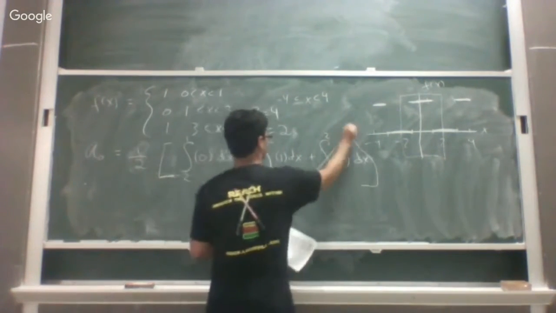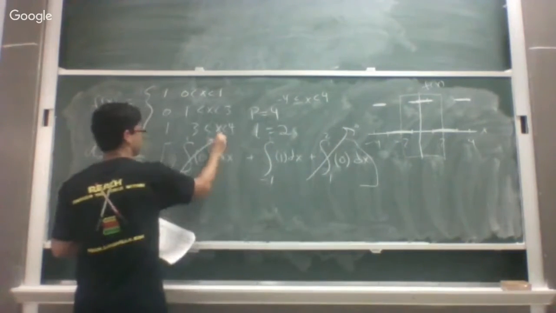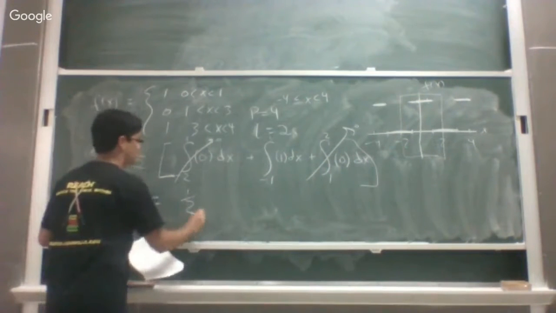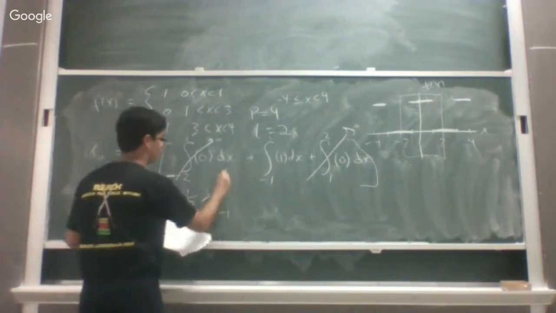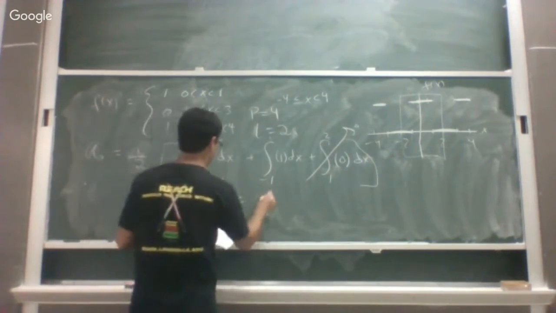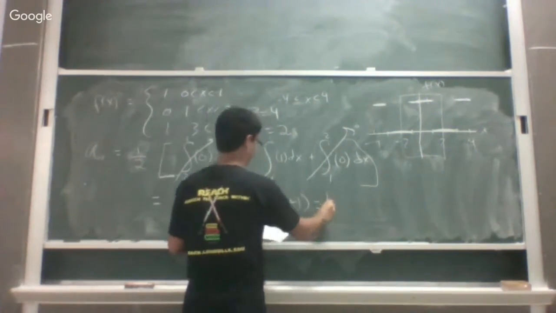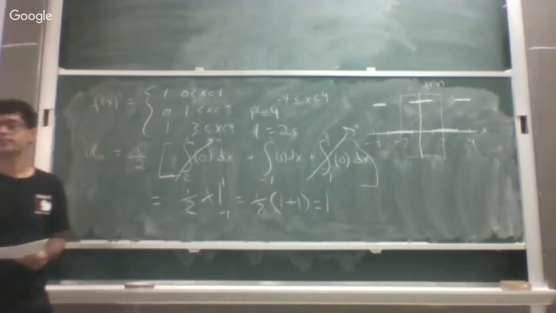So these two go to 0, and we have here essentially 1/2 x going from -1 to 1. So that's equal to 1/2 times 1 plus 1, which is equal to a 1. Okay?